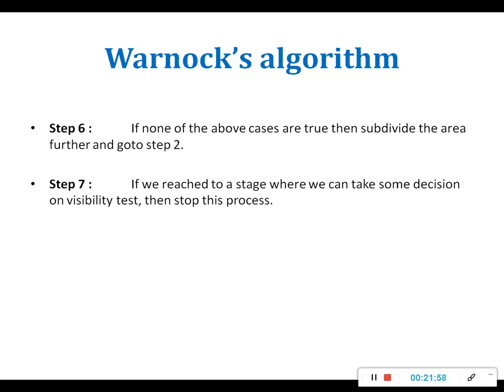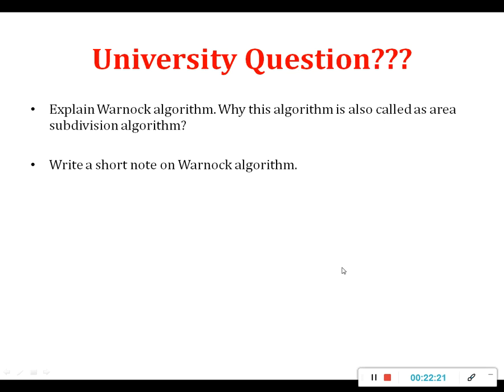If we reach the stage where we can take a decision on visibility, whether it is visible or not, then we can stop this process, or we can say that the polygon and those sub areas are now pixels. We keep dividing the area into sub areas until we reach the pixel of that screen area, and after that we stop this process. So these are the different steps for Warnock's algorithm.